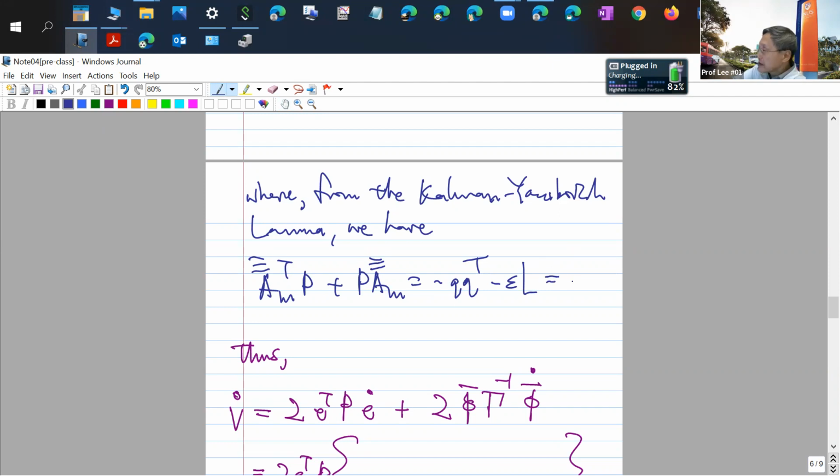Here you can simply write it again as Q, a symmetric positive definite matrix. But remember, we have one more thing from the Kalman-Yakubovich lemma, which I will reserve for use shortly.